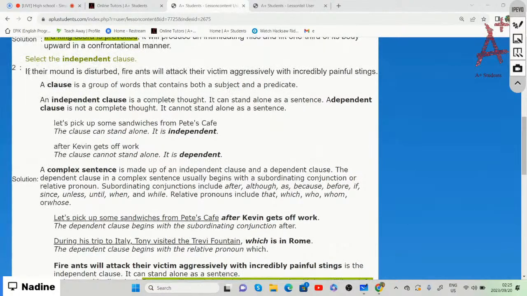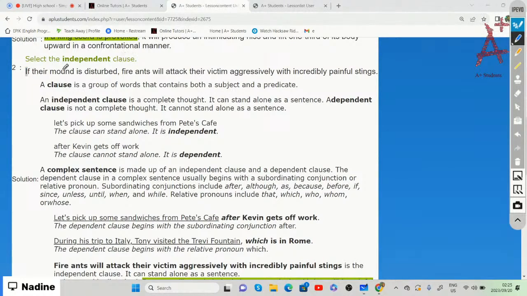The first part is a dependent clause, starting with a subordinating conjunction. And then our independent clause within the sentence is: fire ants will attack their victim aggressively with incredibly painful stings.